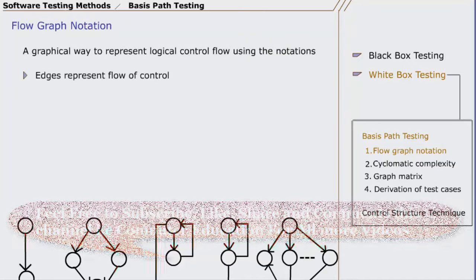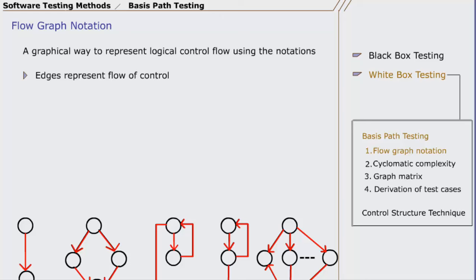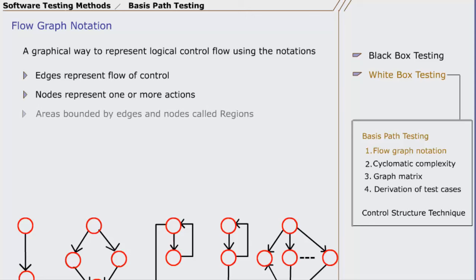On a flow graph, arrows called edges represent flow of control. Circles called nodes represent one or more actions. Areas bounded by edges and nodes are called regions.